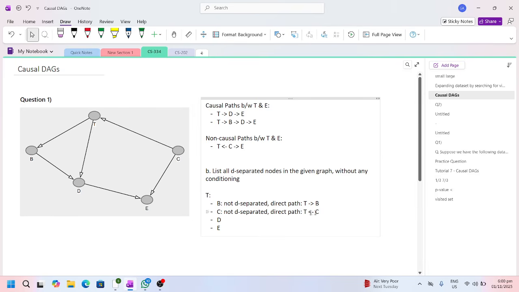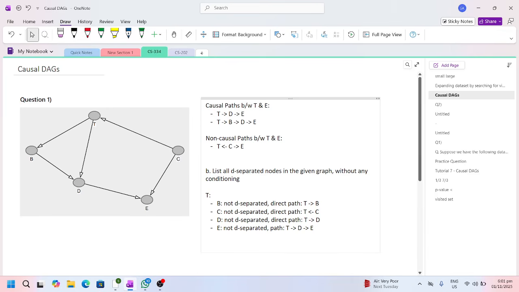Let's look at D. Well, for the very same reason, this one is also not d-separated, because a path starts at T and it ends at D. So I have one last node to check against T, and that is E. T and E are not d-separated either because, well, it's not a direct path, but we have found a path, the one that goes from T to D and then D to E. Hence, there is no node that is d-separated with T.